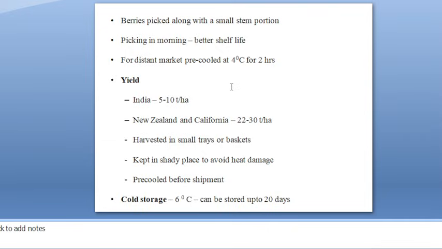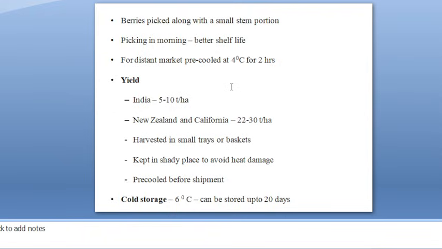Next, we can do the pre-cooling operation to remove the field heat. We can harvest the berries in the morning hours. This is recommended, as in almost all horticulture crops as well as fruit crops, mainly to avoid excess transpiration loss.